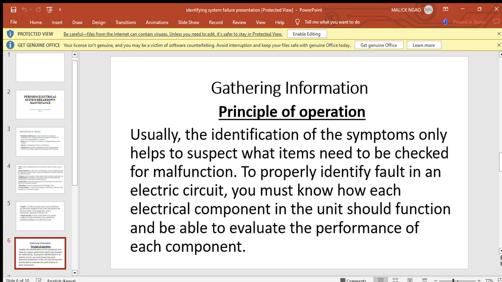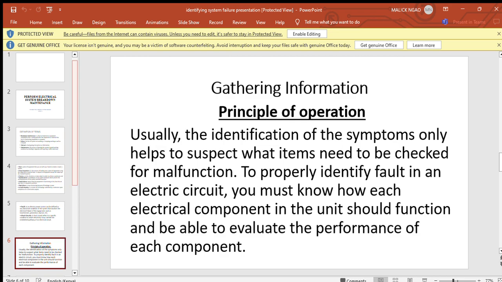The principle of operation is the principal operation of an electrical system, and usually the identification of the symptoms only helps to suspect what items need to be checked for malfunction. To properly identify a fault in an electric circuit, you must know how each electrical component in the unit should function and be able to evaluate the performance of each component.